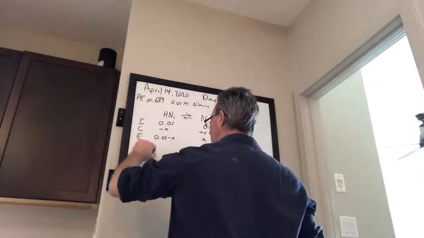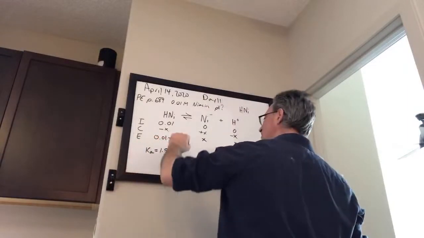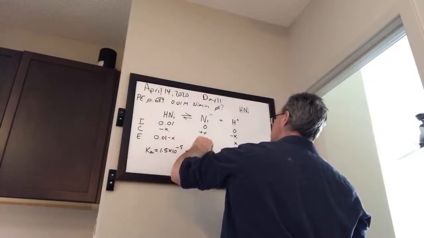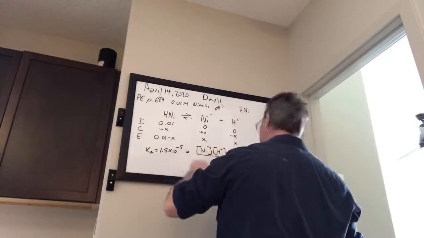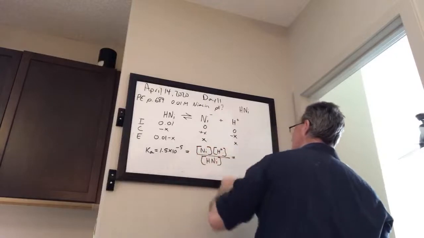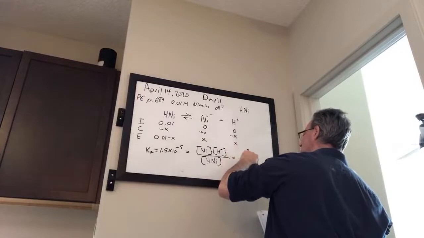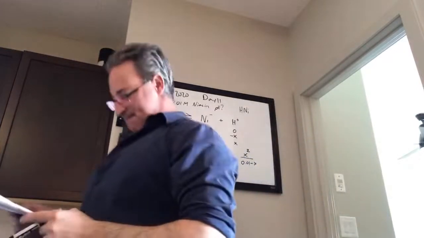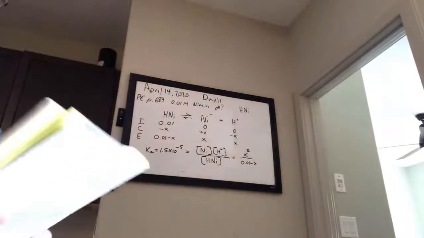We know that Ka is equal to 1.5 times 10 to the negative 5, and that this gives us the concentration of niacinate times the concentration of H plus over the concentration of the original undissociated niacin, and it's going to be represented in this case by X squared over 0.01 minus X. So that's going to create a quadratic equation.